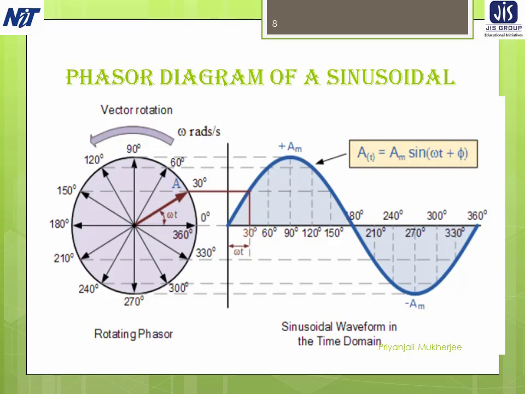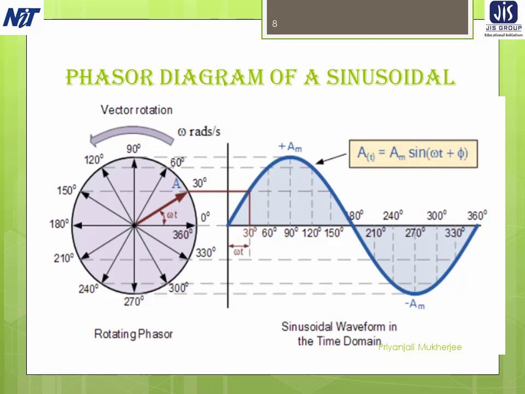Now this OA represents the A max and rotates in the counterclockwise direction at an angular velocity omega radian per second about the point O. Now the arrowhead is put at the outer end of the phasor to indicate which end is assumed to move, and partly to indicate the precise length of the phasor when two or more phasors happen to coincide. Now the phasor OA has rotated through an angle theta, which becomes equal to omega into t.